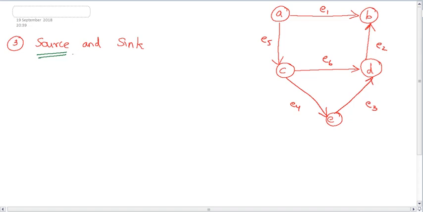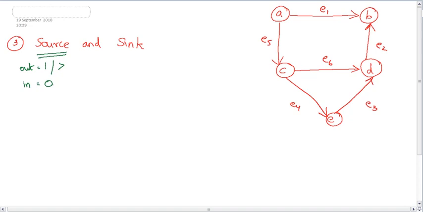A source is any vertex whose out degree is 1 or more but in degree is 0. In degree is the edges that are coming towards the vertex.